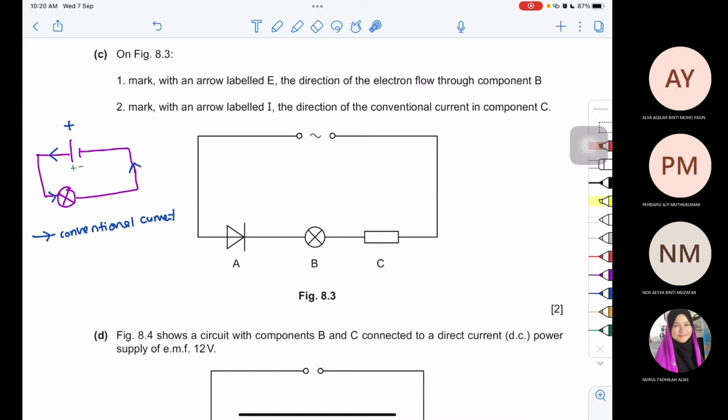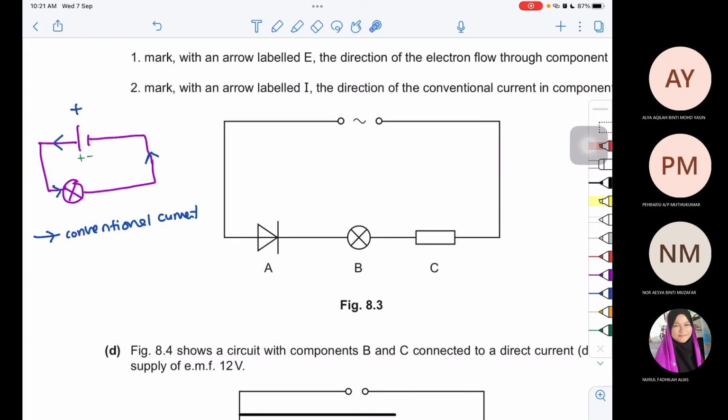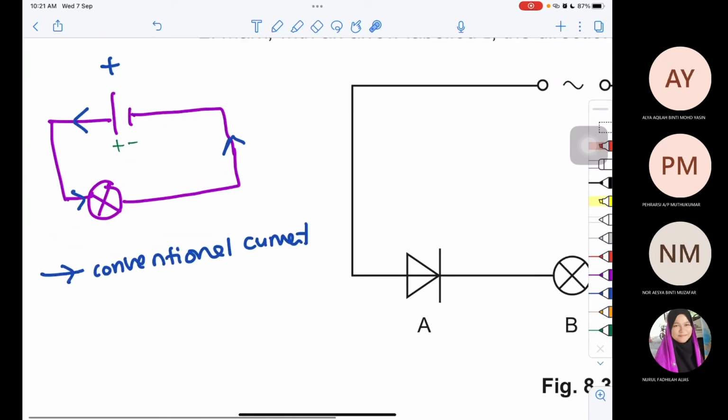Now, this one macam quite difficult because now we have arrow alternating current, symbol alternating current. Kalau this one, direct current macam ni, it will be very easy. Kan? Okay. So let's just do this exercise. So this is an easy question.